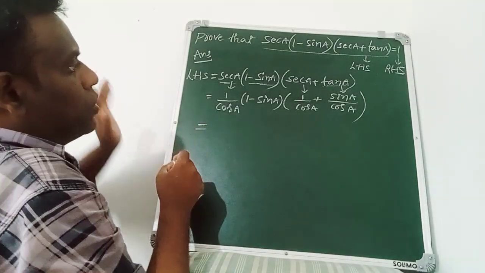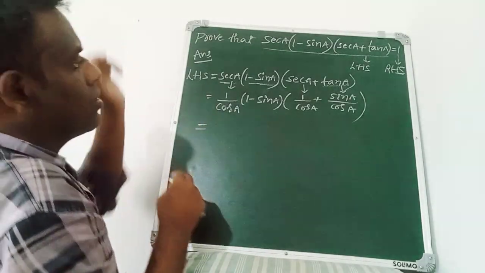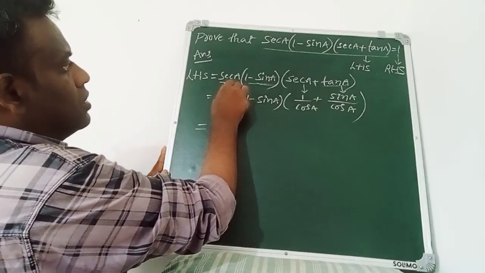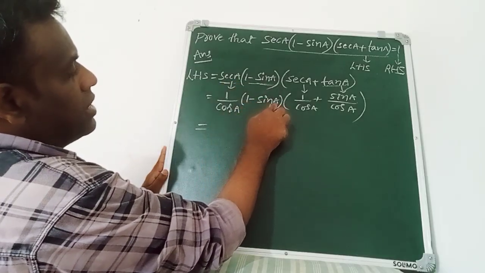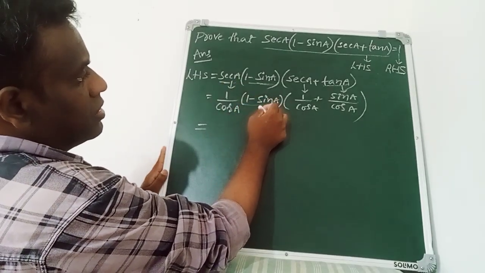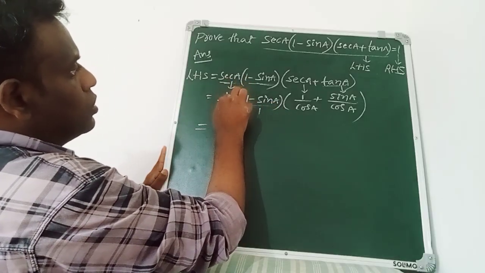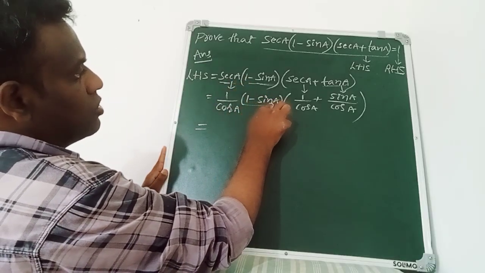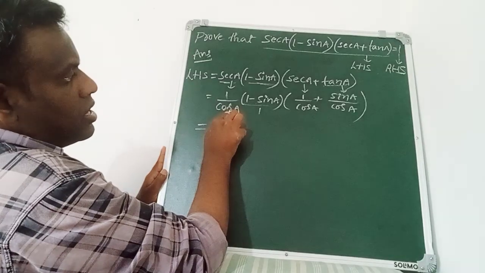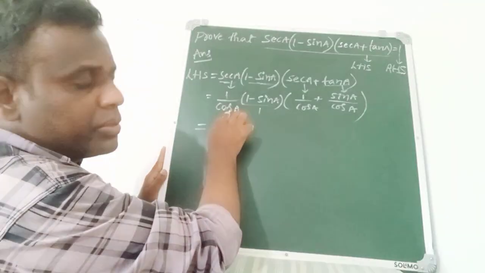So next, what can we do? See, 1 minus sin A is there, no? Here nothing is there, which means in the denominator we have 1. So 1 minus sin A is in the numerator, and this cos A is in the denominator with this 1.